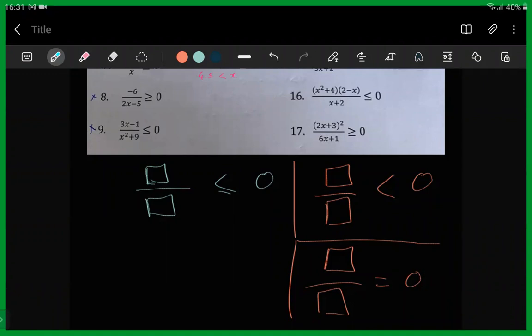Do you get it? So with all things considered, let's start with where this fraction is smaller than 0.